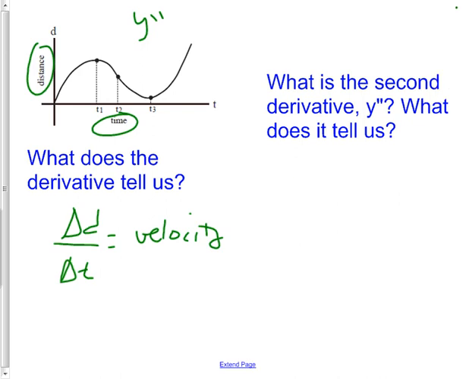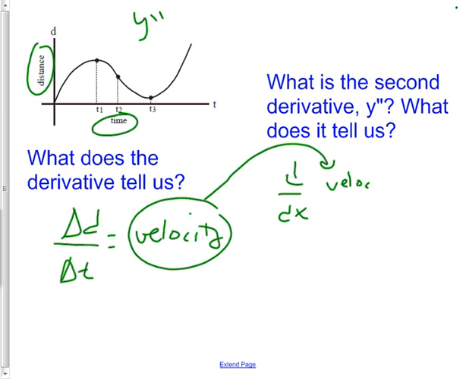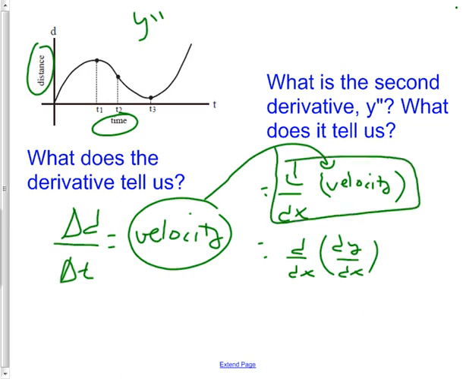The second derivative is the derivative of the derivative. Well, the derivative is velocity, so we're looking at the change in velocity with respect to time.